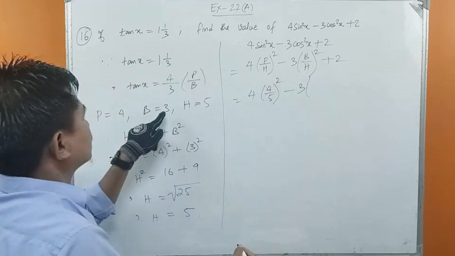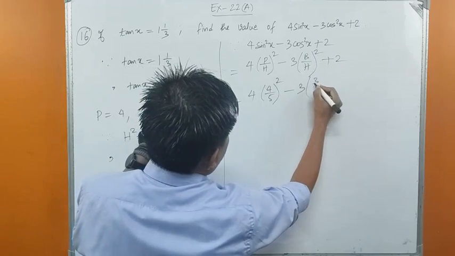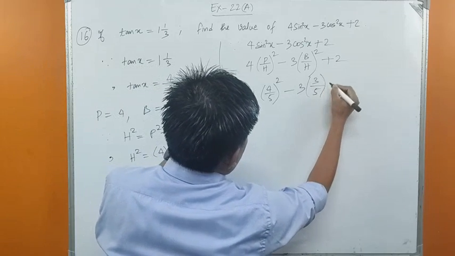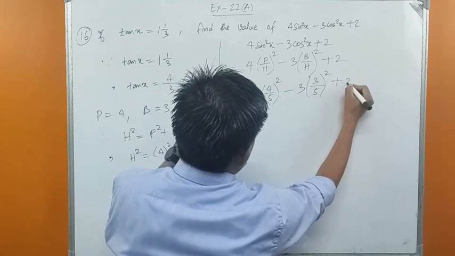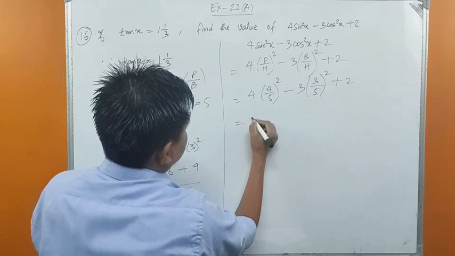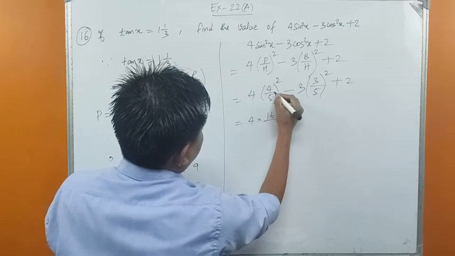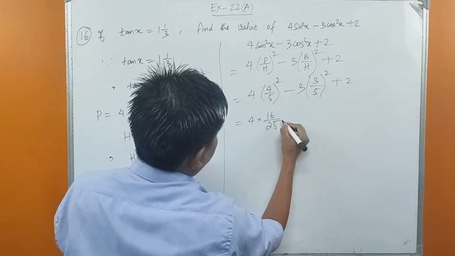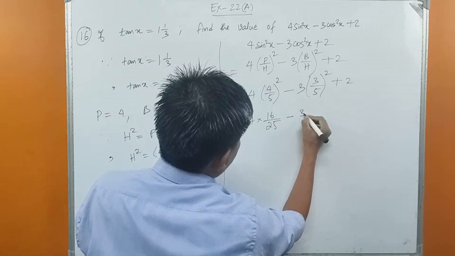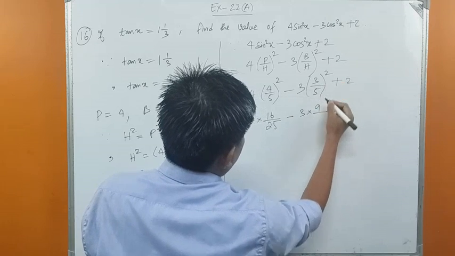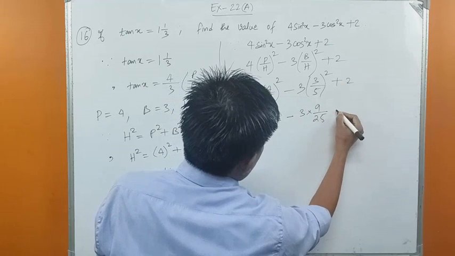Base is 3 and hypotenuse is 5, so we write 5 whole squared plus 2. This gives us 4 into 4 square is 16, 5 squared is 25, minus 3 into 3 squared is 9 upon 5 squared is 25, plus 2.